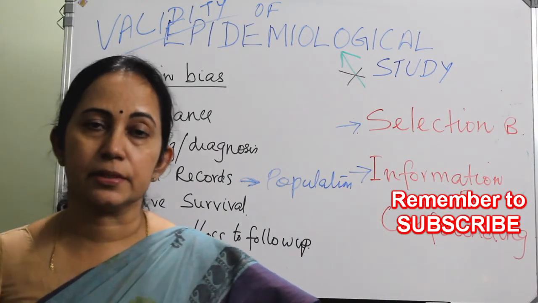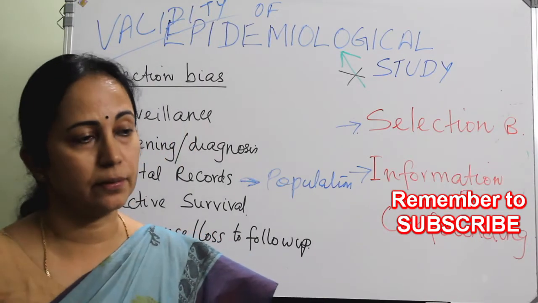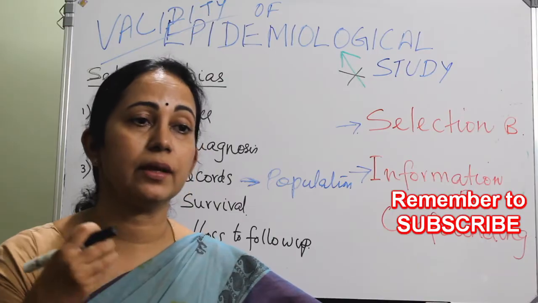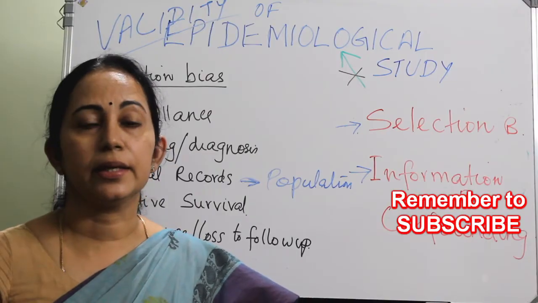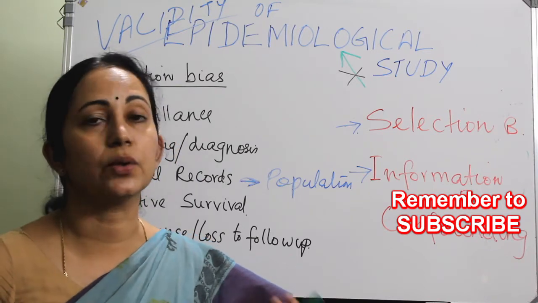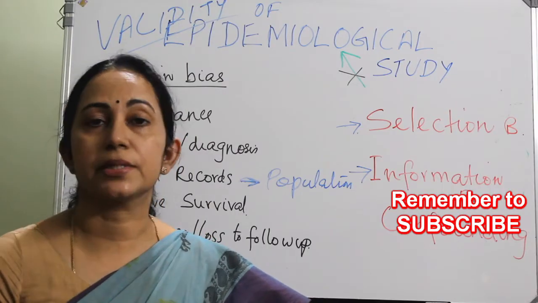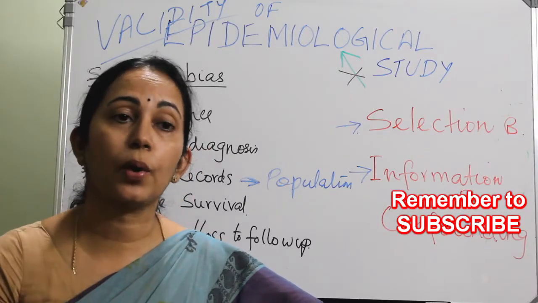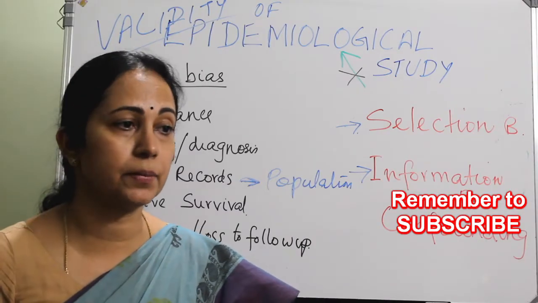From the study subjects, especially if the subject is exposed to a particular variable, the subject will be more anxious and will even exaggerate the minor symptoms or minor points. In a case control study there is a chance of recall bias, especially the non-exposed individuals will forget some points. And from the side of the investigator, there is a chance that he will probe questions more towards outcome in the case of exposed individuals. All these can be kept in mind.